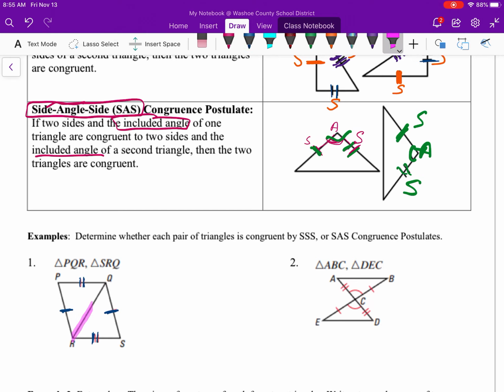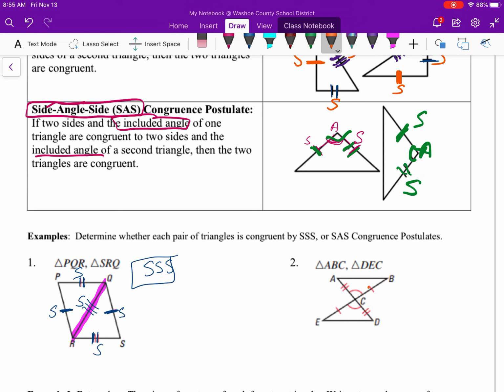And then I have something interesting that's going to happen a lot in these sections: they share a side. If something is shared, then we have to assume that it's the same measurement because they both share it. It's not like it's sticking out somewhere over here or anything. So this one has 3 sides: a side here, a side here, and the side they share. Therefore, these two triangles are congruent by the side-side-side congruence postulate.